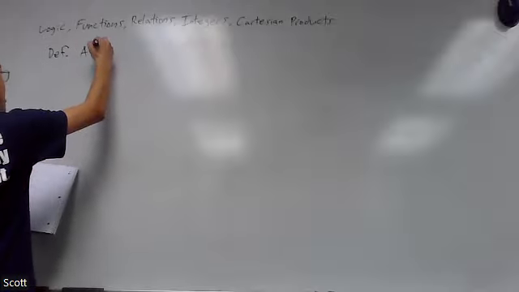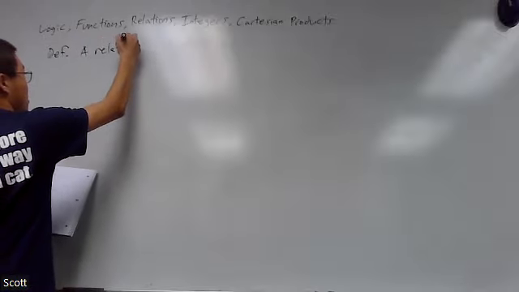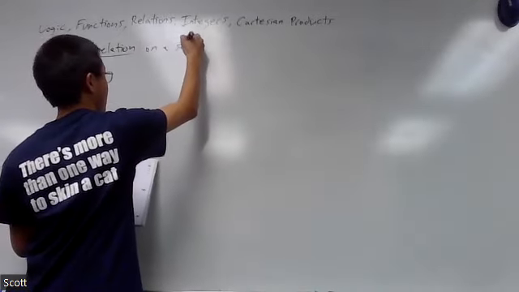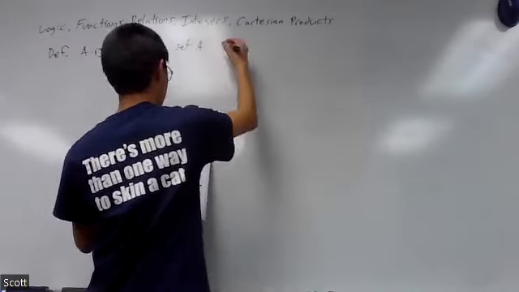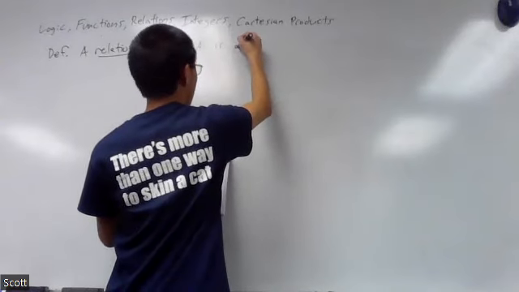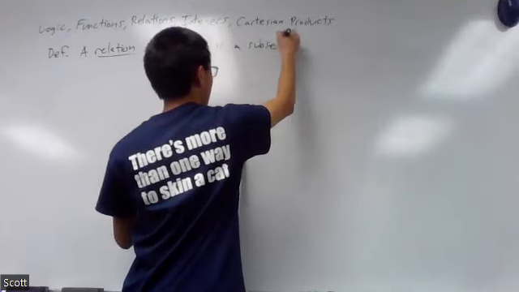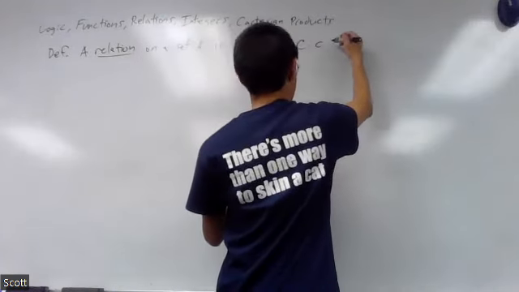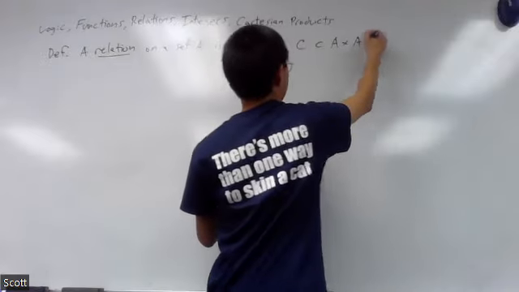So we have a relation on a set A is a subset. And I'll notate this: we have some subset C of the Cartesian product of that set with itself.